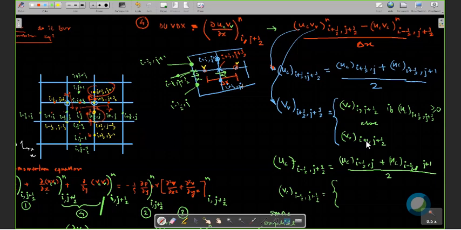So shouldn't it be VV? This is VV. So this is I minus half, j plus half. So VV at this location will be either the previous one or this one. So the previous one, and this is our ij, isn't it?